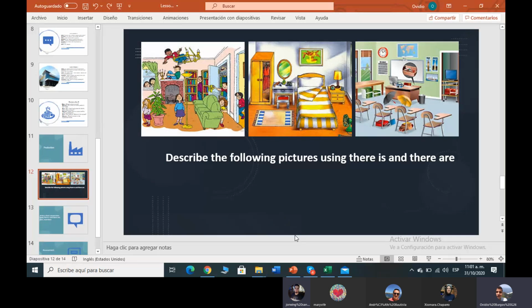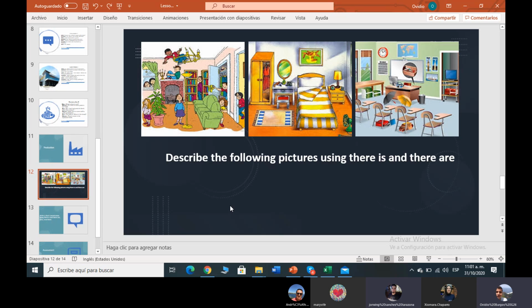Okay, Jorwin, come on. In the first picture, there are 8 children in the room. There are 2 children outside. There is a window. There are 2 doors. There is a lamp. There is a couch. In the second picture, there is a bed.